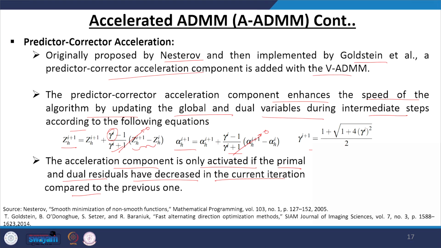If you are moving towards convergence, then only it will update the global and the dual variables. If you are not moving towards convergence, then something is wrong. Okay, so your predictor-corrector acceleration will be activated only when your dual and primal residuals have decreased in the current iteration from the previous iteration value.